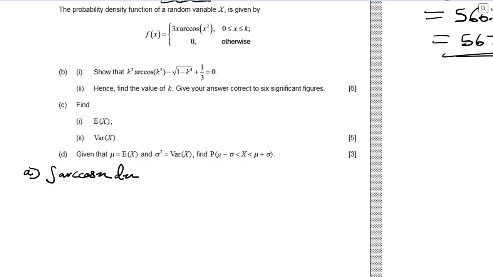What we're going to do is take dv equal to 1, so v, it's like dx, is equal to x, and u is equal to arc cos x, and so du is equal to negative 1 over root 1 minus x squared, right?